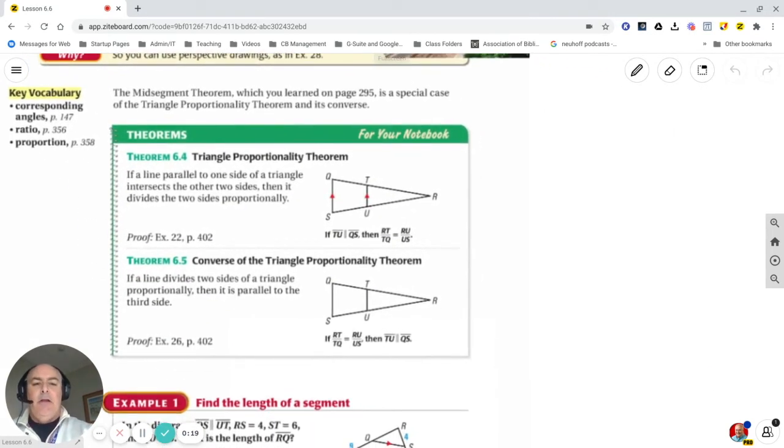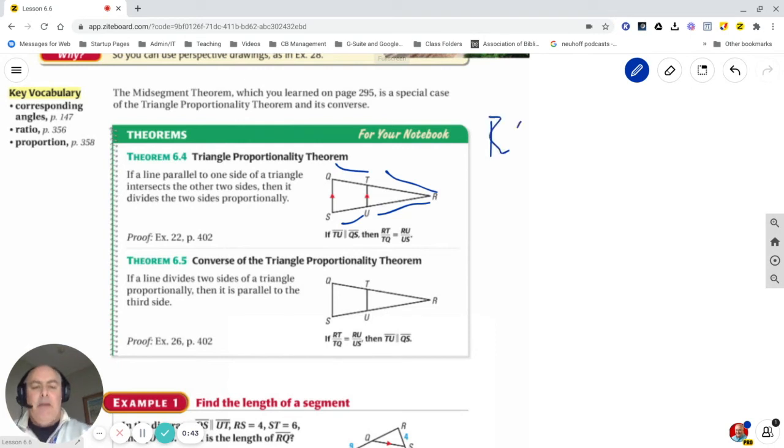So in theorem 6.4, what we see is two parallel lines, and we will be evaluating the relationship of this side to this piece over this side to that piece.